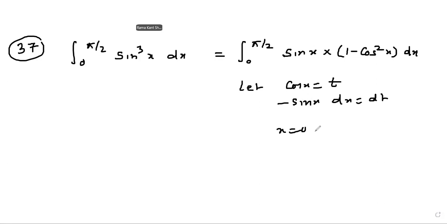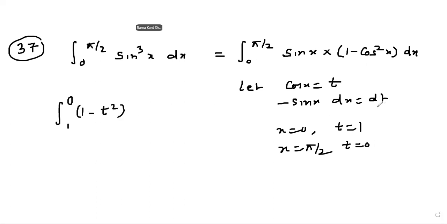When x equal to 0, then t will be 1. When x equal to pi by 2, t will be 0. So our question will become 1 to 0, 1 minus t square, and sin x dx will be minus dt, so the minus sign we can keep outside. Then we can easily integrate.